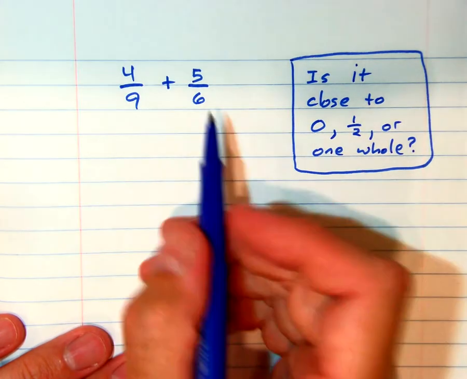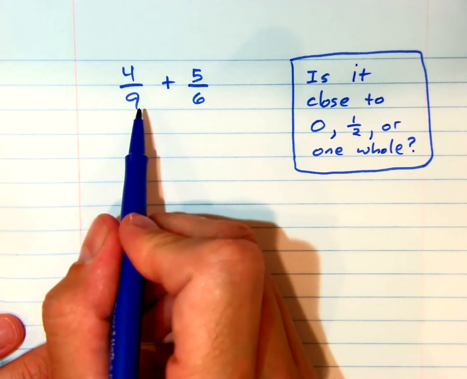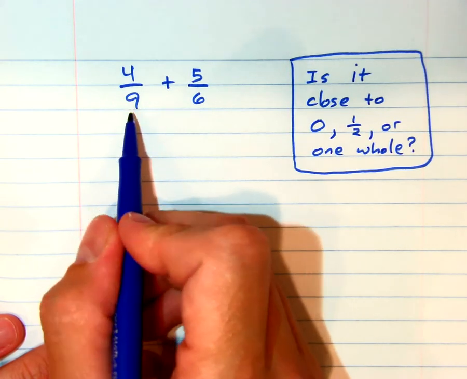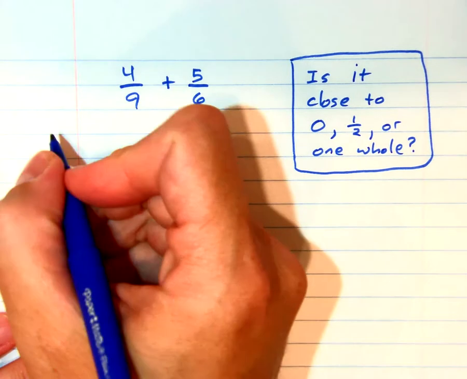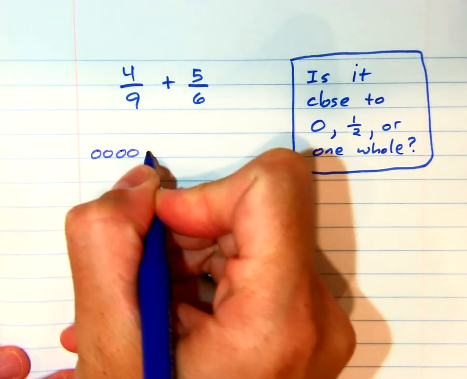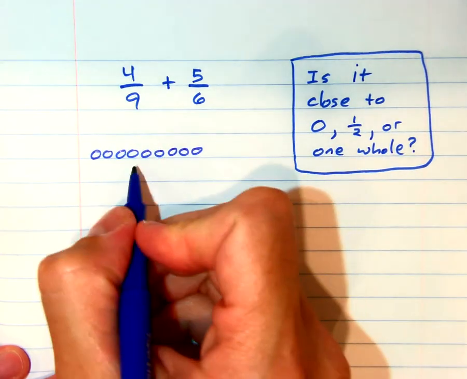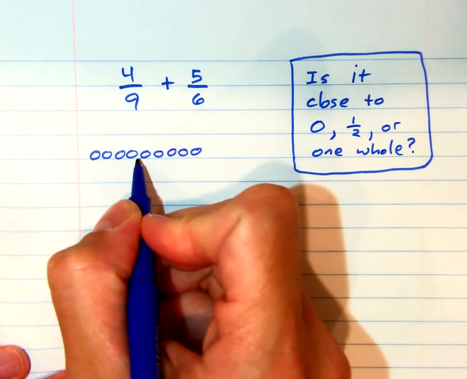Now, if we want to know the halfway point of any fraction, we want to take the denominator and divide it by 2. So if I had 9 pieces of something, saying 1, 2, 3, 4, 5.